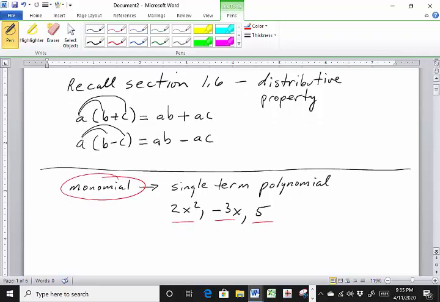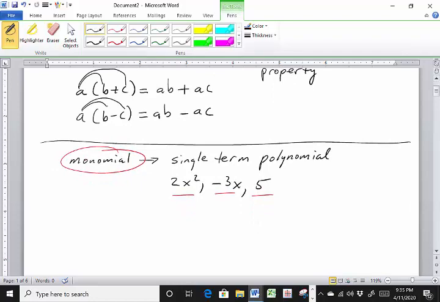So guess what a binomial would be? Well, if a monomial is a single term, then a binomial has two terms. For example, 2x plus 1, 5x to the fourth minus 3, x squared plus x.